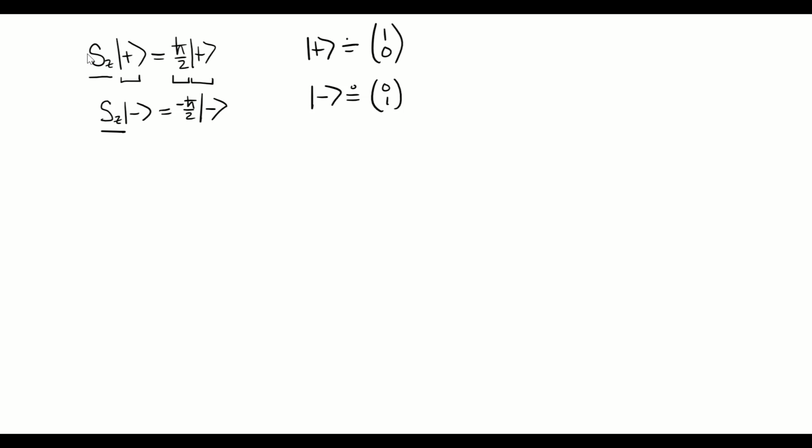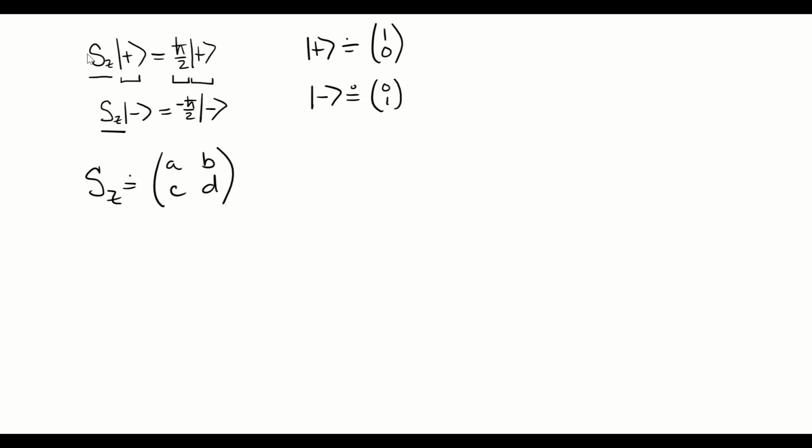Operators like Sz, in the matrix representation, are going to be represented by matrices, right? And in this two-dimensional Hilbert space, this two-dimensional system we're describing, the spin 1/2 system, they're just 2 by 2 matrices. So we can write this, I'm going to keep using the book's notation, this Sz operator represented as a matrix.